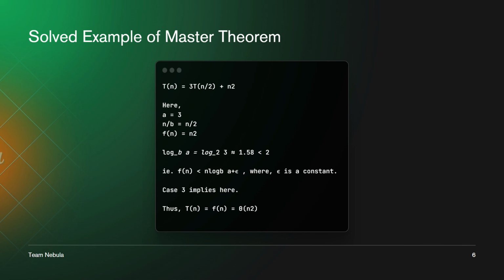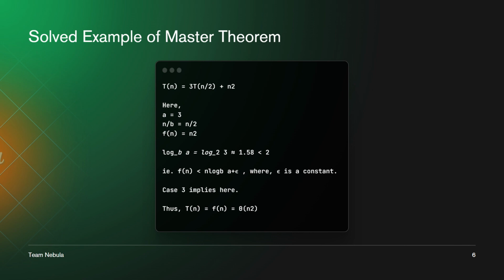In this case, n to the log base b of a plus epsilon would mean n to the power of 1.58 plus some constant. But because f(n) is just n squared, which is larger than that, we are in case 3. So according to case 3, our time complexity is the same as the extra work we are doing outside the subproblems, which is theta of n squared.